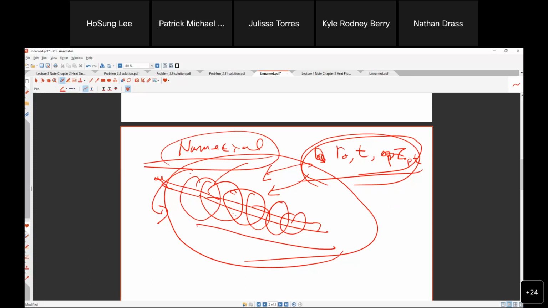So optimum design is something we have to solve analytically. That's why we still have to solve it analytically. Numerical is very limited. Once we have a design, then numerically we can confirm.